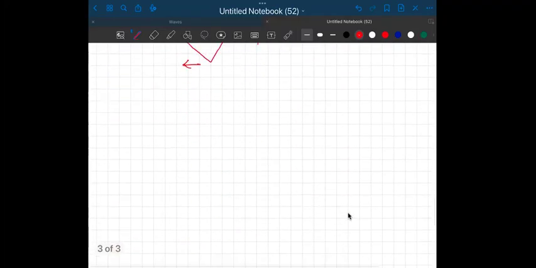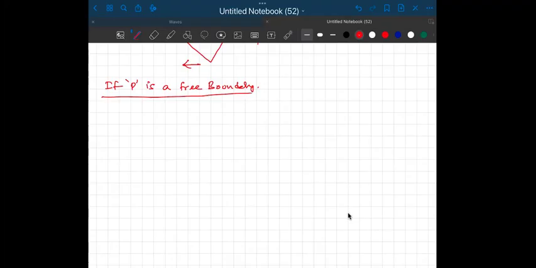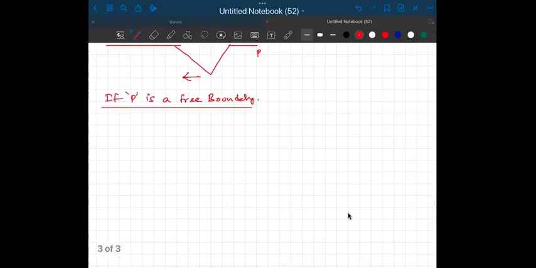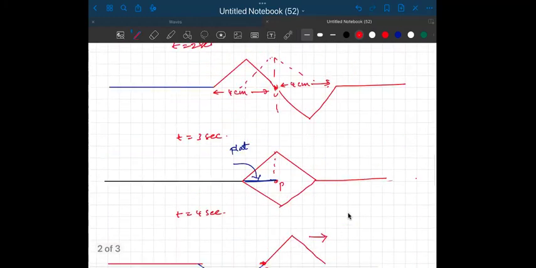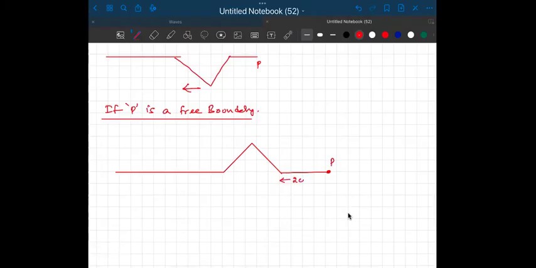Now, don't forget, if P is a free boundary, two centimeters, 4 centimeters.